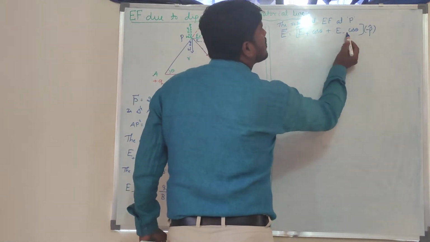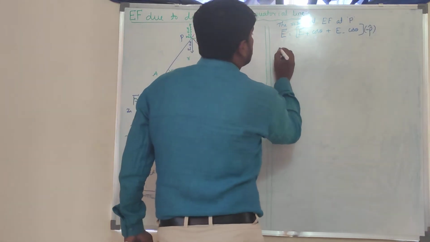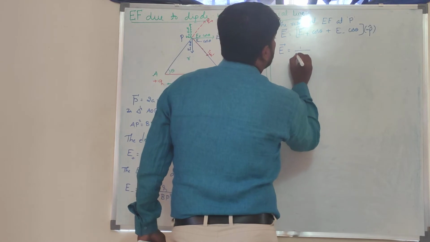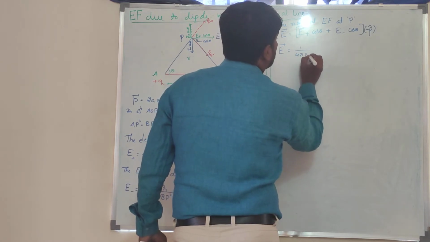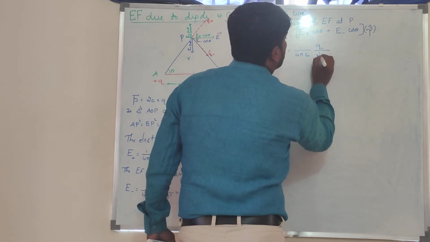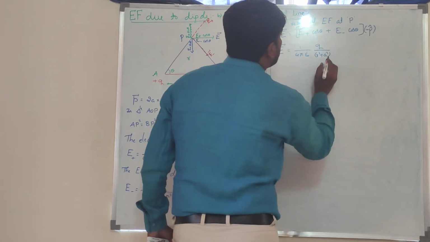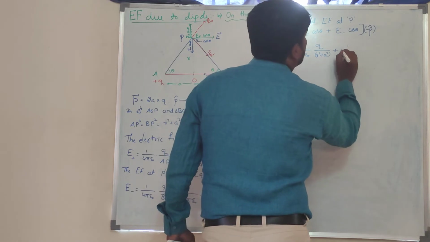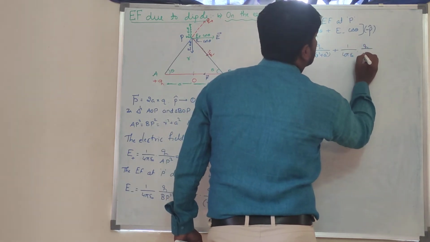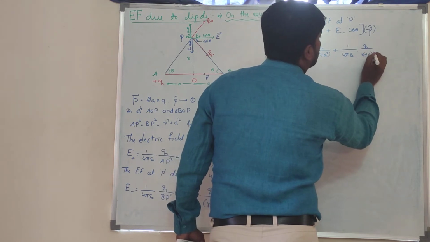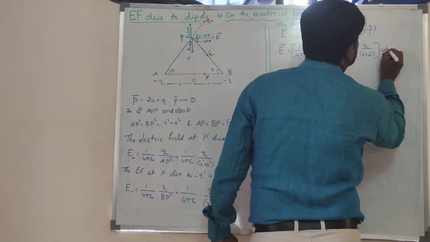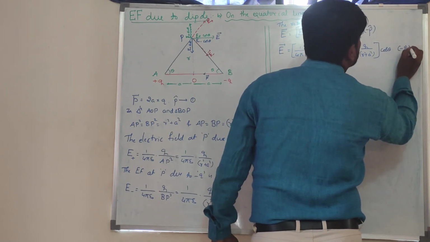Afterwards, cos theta is common. Take it outside. So vector E is equal to 1 by 4 pi epsilon naught into Q divided by r square plus a square, plus 1 by 4 pi epsilon naught into Q divided by r square plus a square, into cos theta into minus p cap.